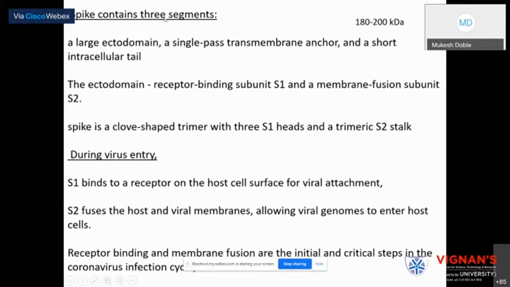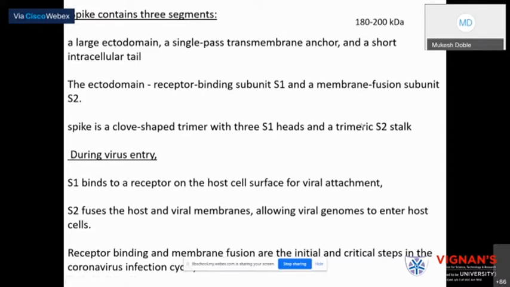Spike protein has three segments. Spike is like a club-shaped trimer with two subunits, S1 and S2. S1 is the head, and S2 is the stalk or the tail.